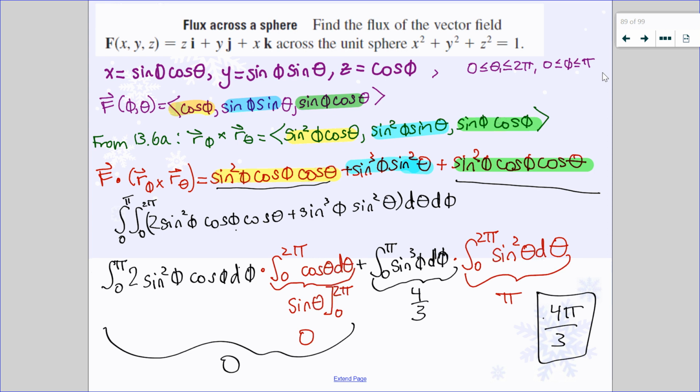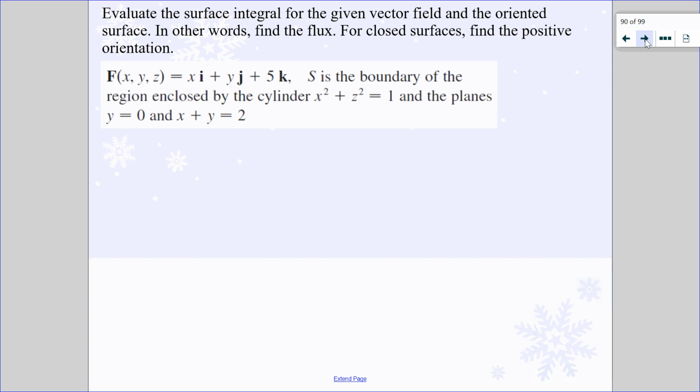All right, questions on that? Okay, so that's flux across a sphere, utilizing the cross product and the dot product and some ugly integral, some nicer integral. Okay, we're going to do another one.